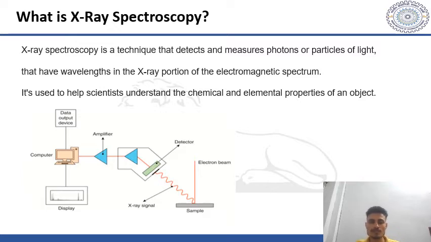Here in this diagram we consider a sample. When an electron beam is incident on the sample, two types of processes happen to produce X-rays.